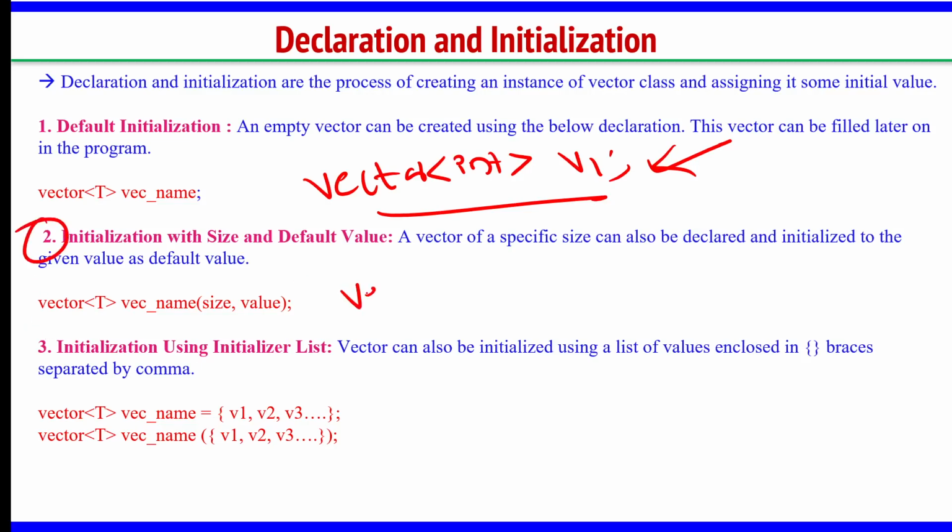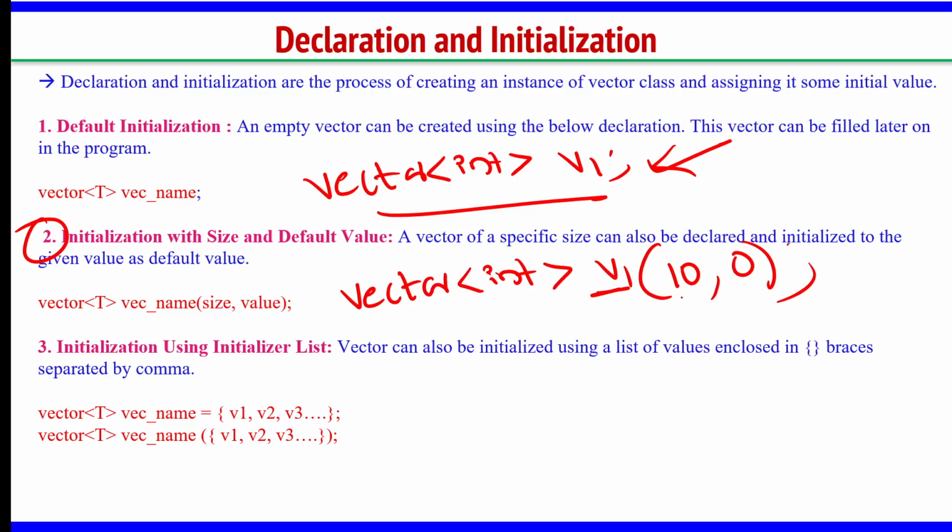What is that? You give vector, you give int, okay, v1 of 10, the number of elements, and the value 0. Okay. So, what I am trying to do here? I am trying to create a vector of type integer, variable name is v1, right. How many elements I want to store, that size I am giving as 10, and what should be the default value, that also I can give here in a single line.